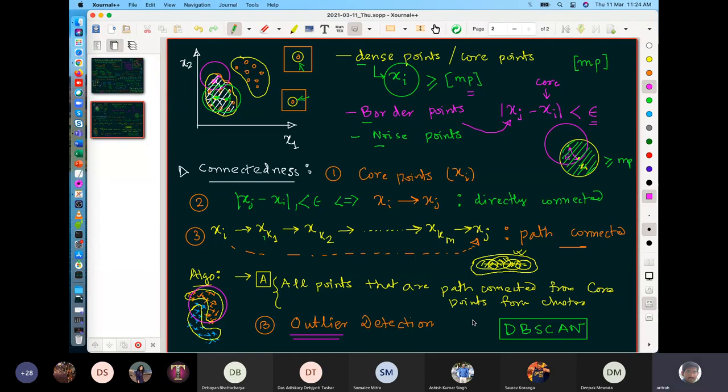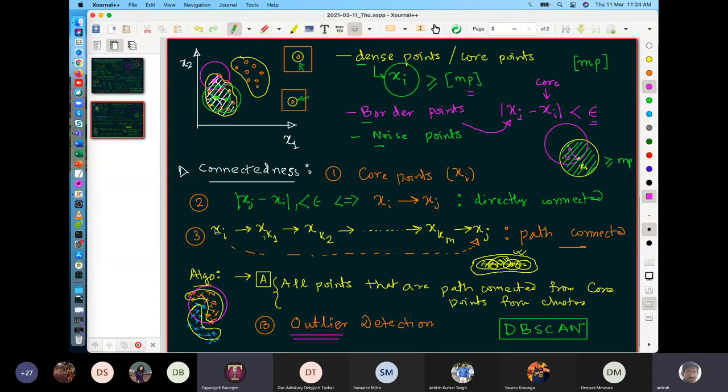Okay, any further questions? Yes, sir. I have one question. Sir, when we are determining the path connected from xi directly connected to xk1 and this type of things, are we considering all the points within the cluster and making an epsilon radius circle in this way, or just within a few we are considering?